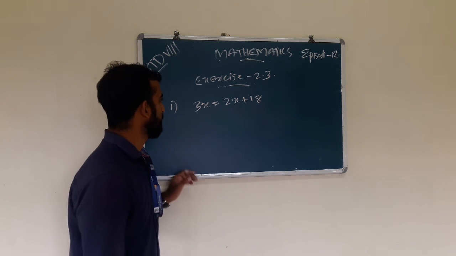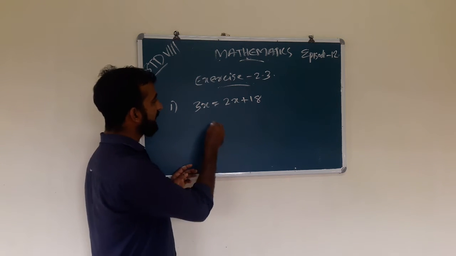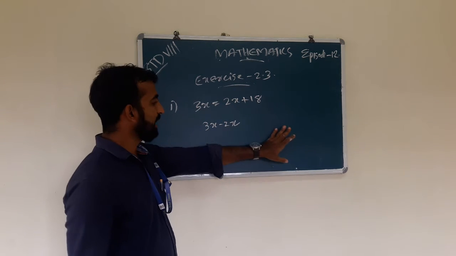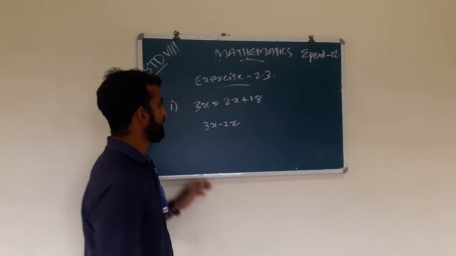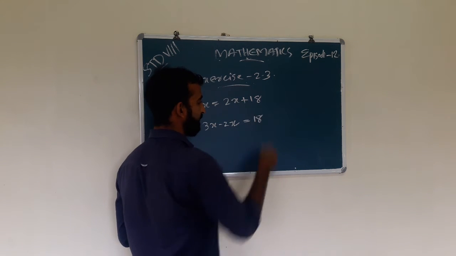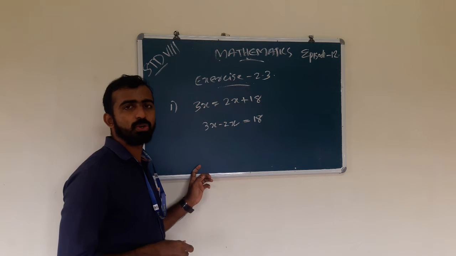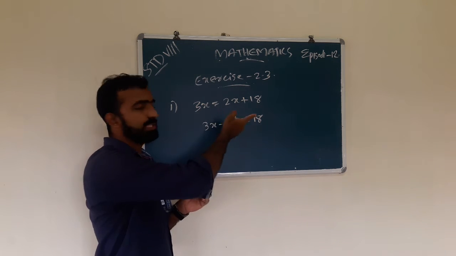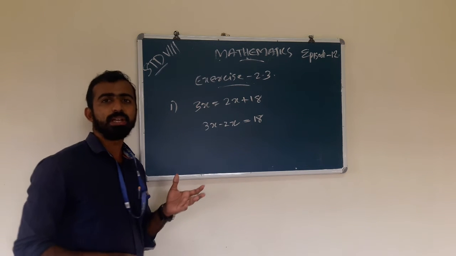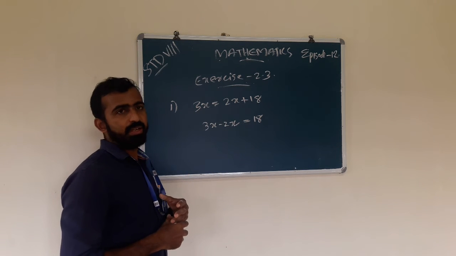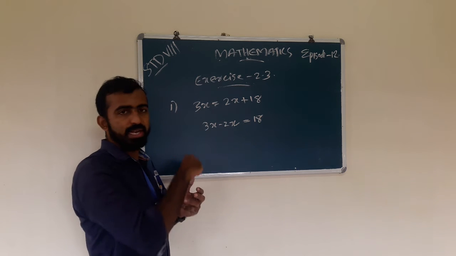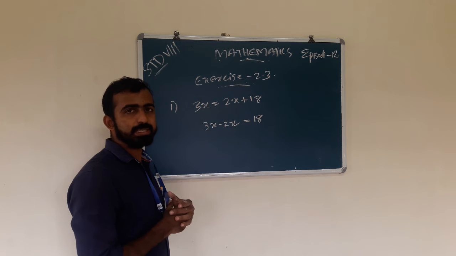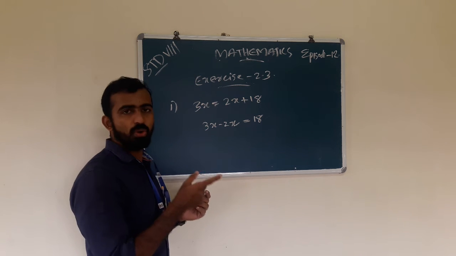What is the answer? Here we can write 3x minus 2x equal to 18. The 2x is coming to the left side. There is addition, and when we move it to the left side, plus goes to minus, or plus goes to negative.